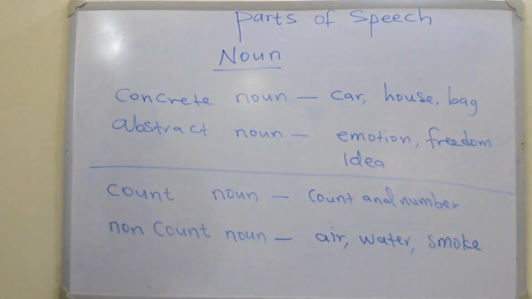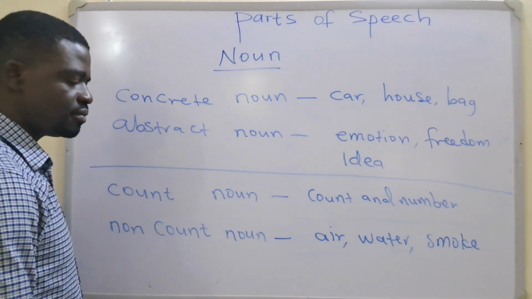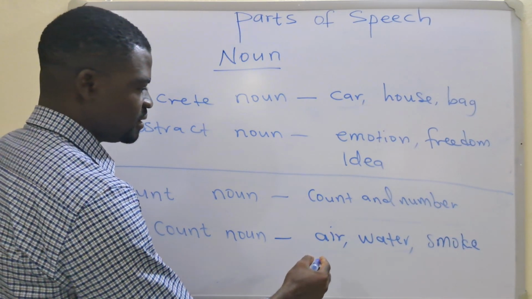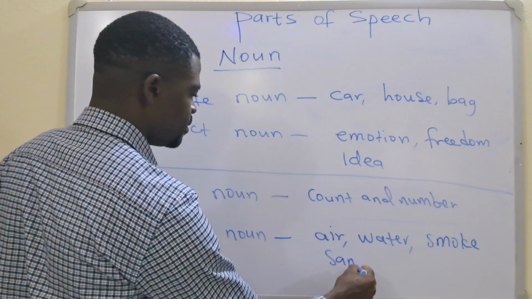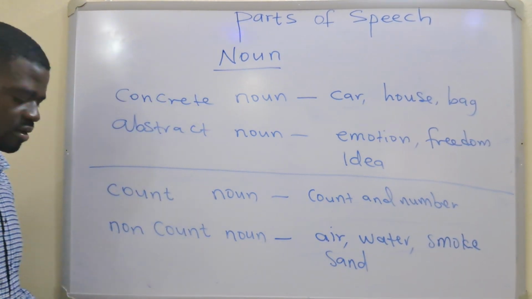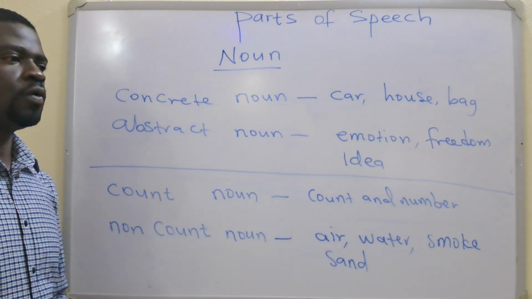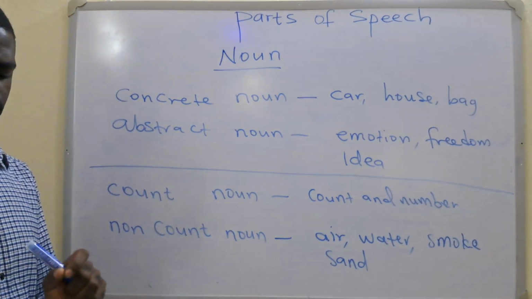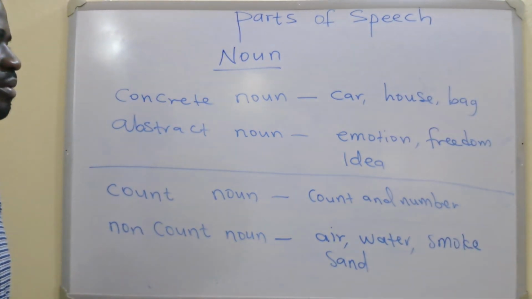Can you count sand? Sand. We have grains of sand. So if you go to the seaside or the shore and you get a handful of sand, I'm not sure you'll be able to pick out the grains and count and number them. That would be almost impossible.